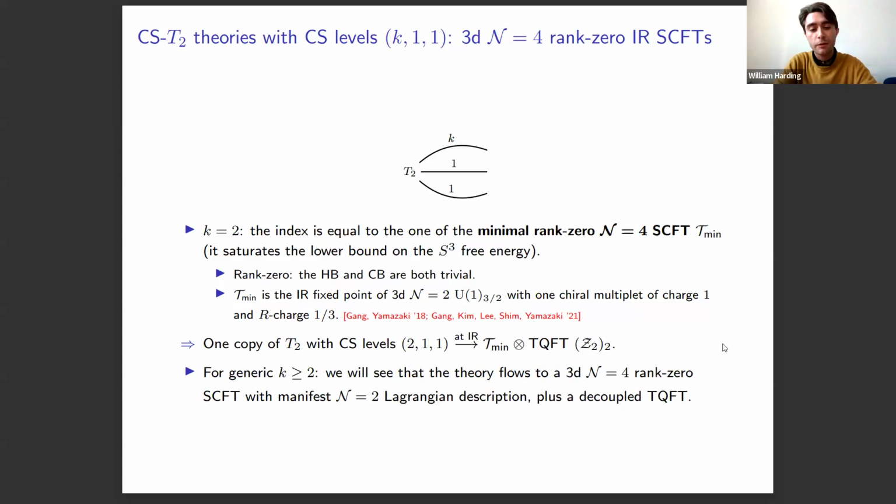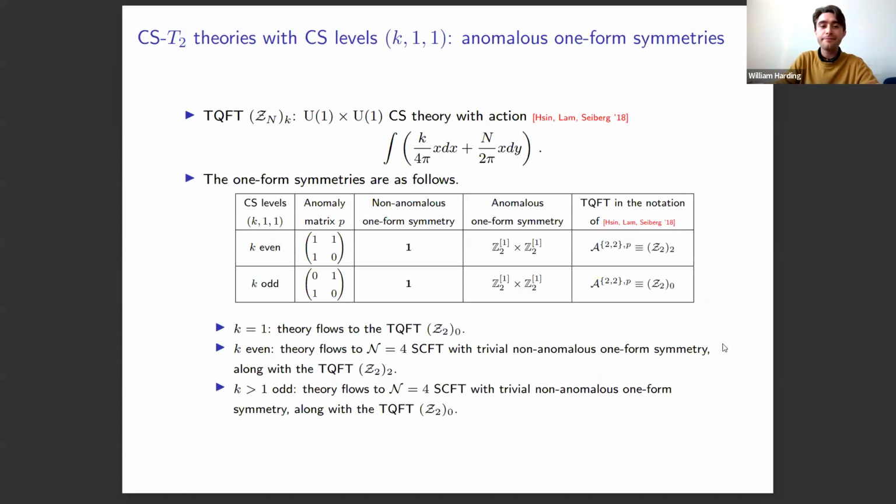Now, for generic K bigger than or equal to 2, we will see that the theory flows to a 3D N equal to 4 rank 0 SCFT, and in all such cases, there is a manifest N equal to 2 Lagrangian description. Plus, there is also a decoupled TQFT, which I am going to explain now. I already introduced this Z2 level K without explaining it.